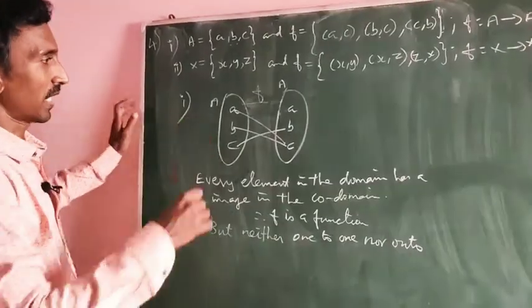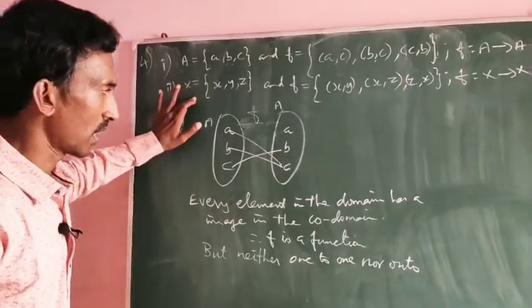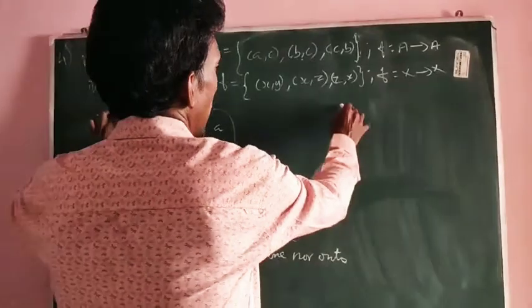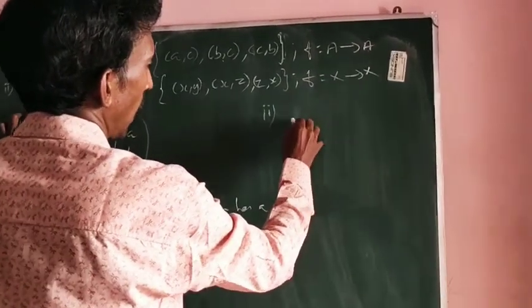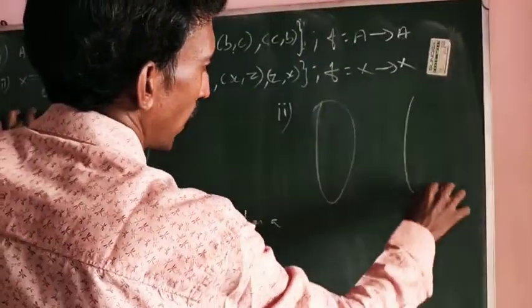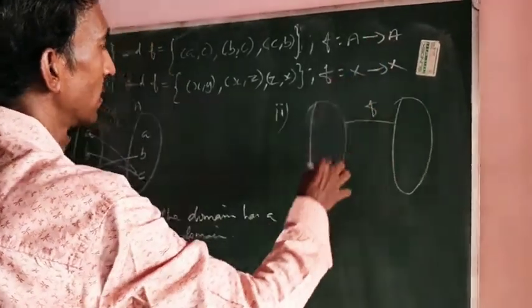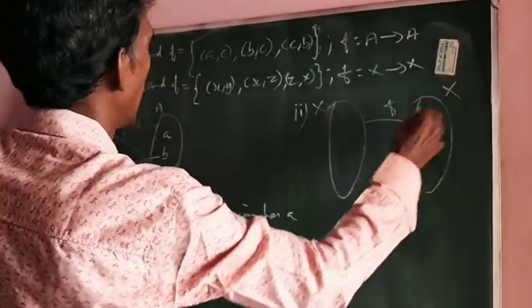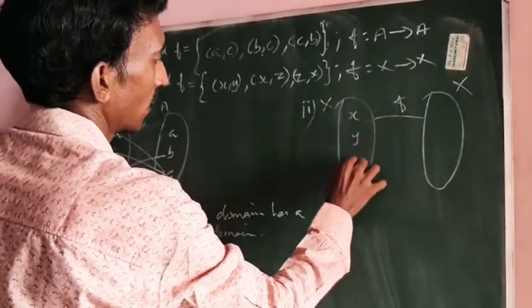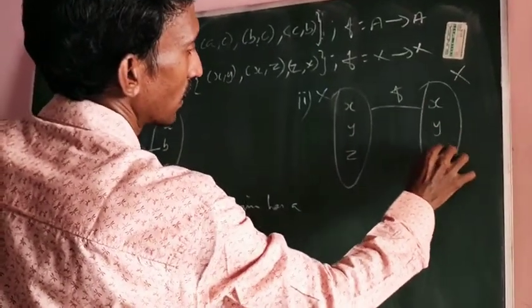Okay. Now the second one. As in the first question, we can draw the diagram. Again, a relation from X to X is defined. X consists of elements x, y, z, and here also x, y, z.